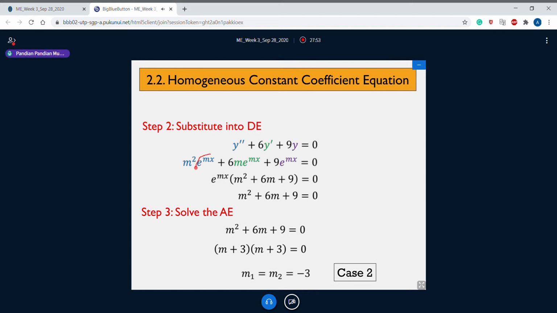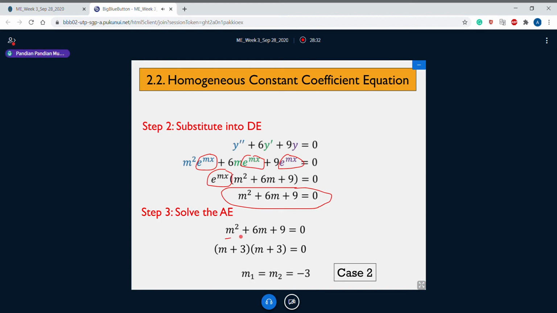Then you can factorize, take out the e^mx. Since these are all the steps you have to show, you factorize e^mx, m squared plus 6m plus 9 equals 0. This is the quadratic equation, because e^mx cannot be equal to 0. It is a solution, so it cannot be 0. Therefore, m squared plus 6m plus 9 equals 0.